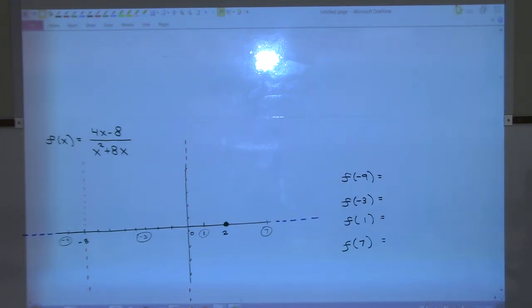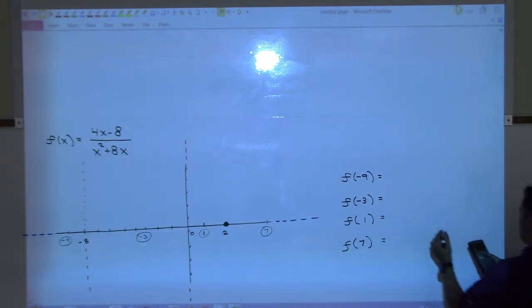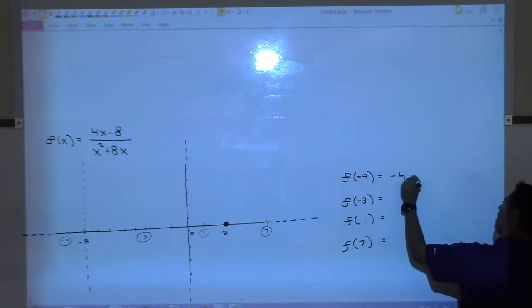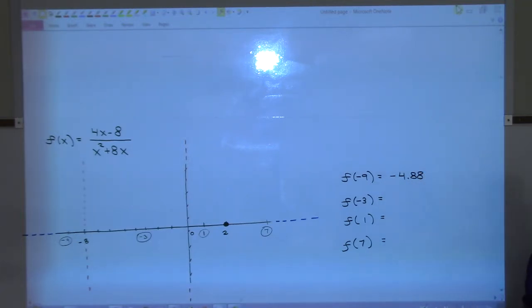At -9, is anyone else getting -4.88, something like that? Yes?